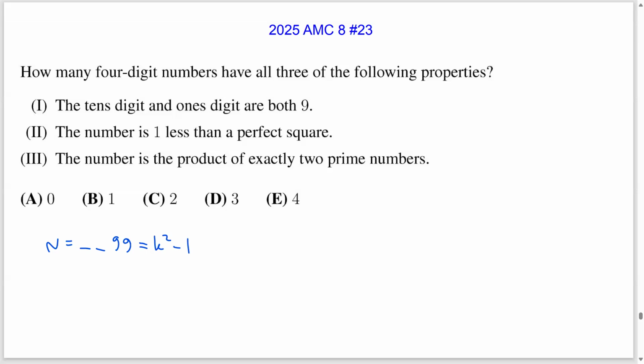If we add 1 to both sides of this equation, any number that ends in 9, if we add 1 to it, we're going to get a number that ends in 0. So as a consequence of this, k squared has to be divisible by 100. Equivalently, k has to be divisible by 10.